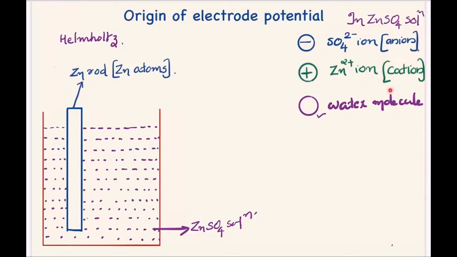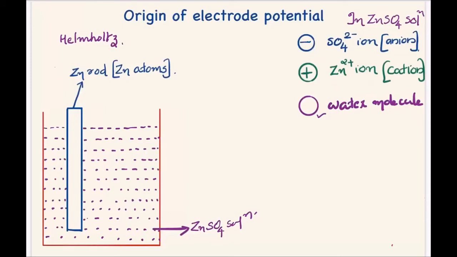Zinc ions, we call them cations because they carry positive charge, and they are represented using this symbol. Water molecules are also there in zinc sulfate solution because we prepared it by dissolving zinc sulfate in water. So three types of ions or molecules are present in zinc sulfate solution: sulfate anions, zinc cations, and water molecules.